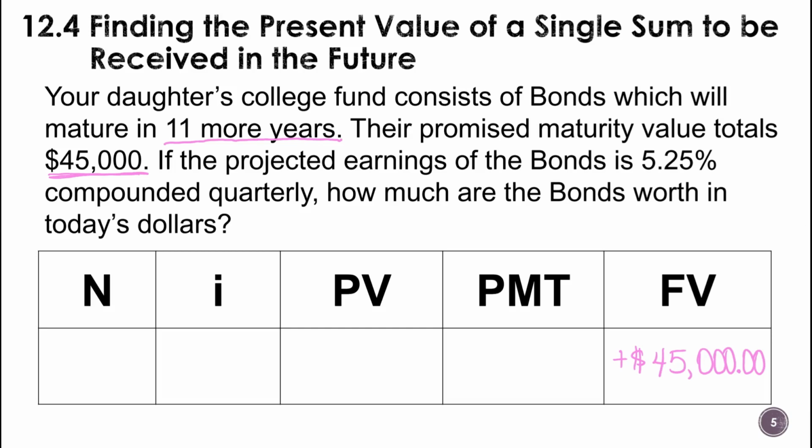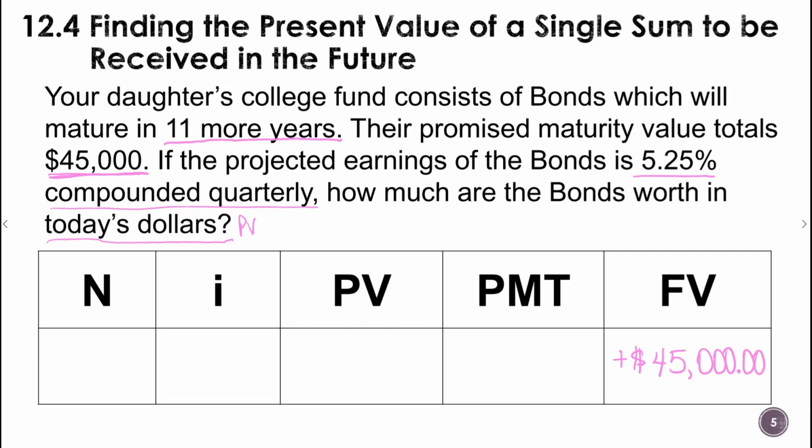If the projected earnings of the bond is 5.25% compounded quarterly, how much are the bonds worth in today's dollars? So that's my present value, right? 5.25% compounded quarterly.